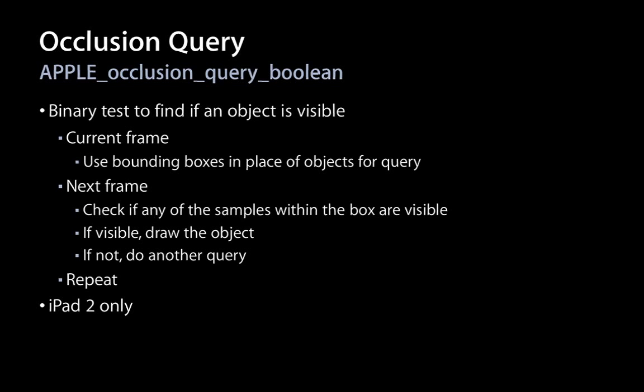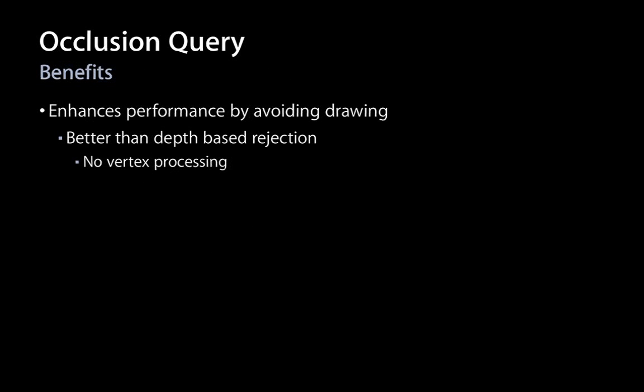And you repeat the same query over and over every frame. The only minor disadvantage is that your object might end up on the screen one frame later. Again, it's an iPad 2 only feature due to the hardware requirements. So the benefit of it is it enhances the performance by avoiding large draw calls. Our GPUs are tile-based deferred renderers, so they don't have much overdraw.